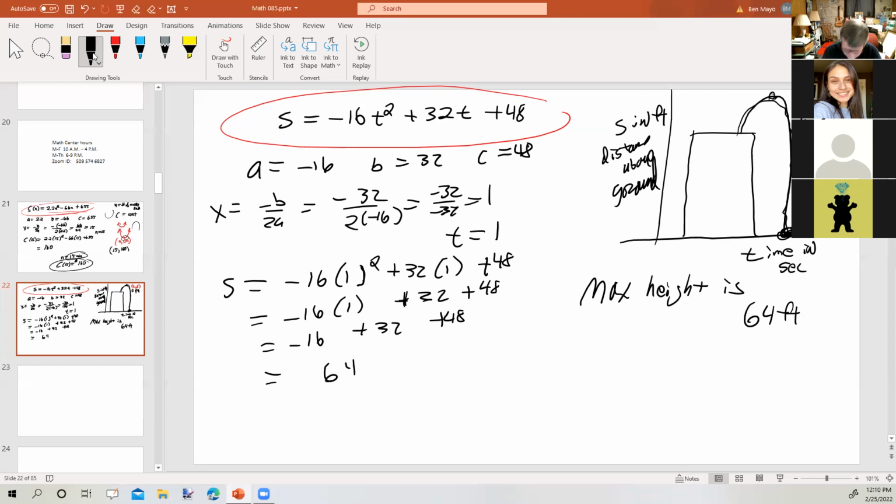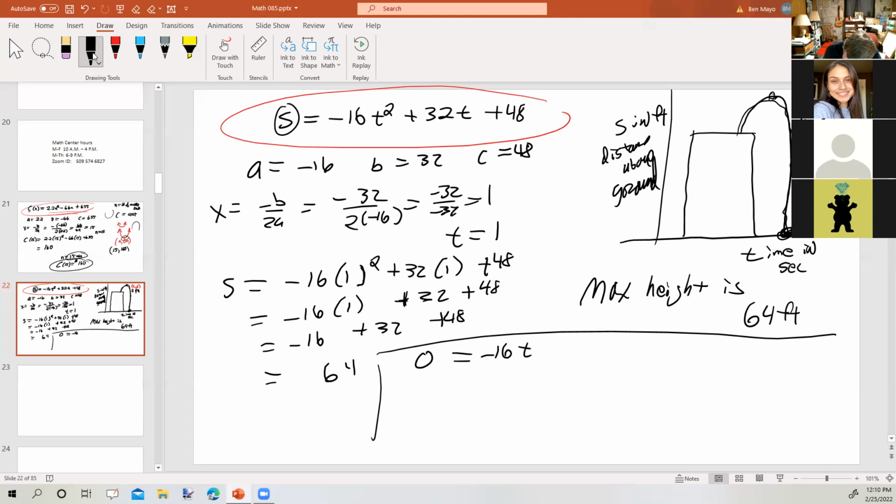So when is the height 0? So let's see if we can reach this in here. So the height 0.